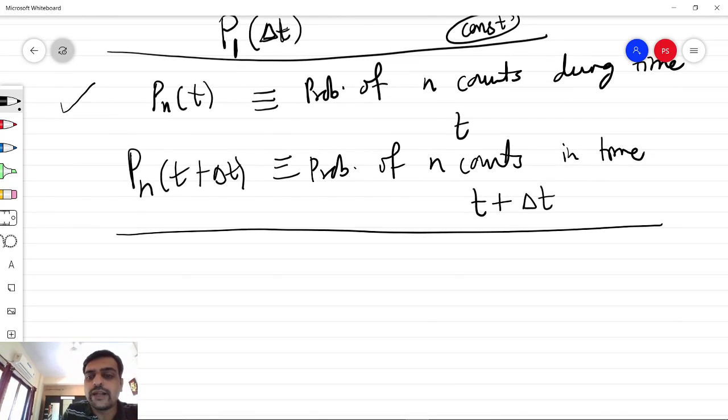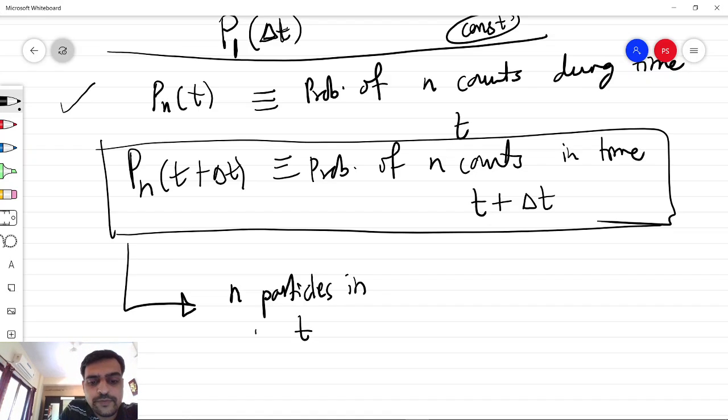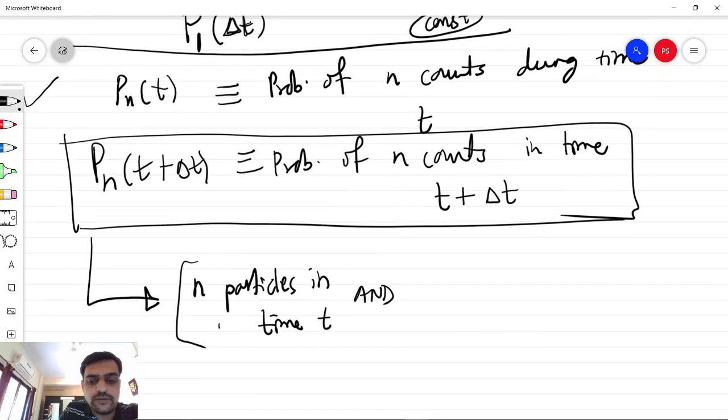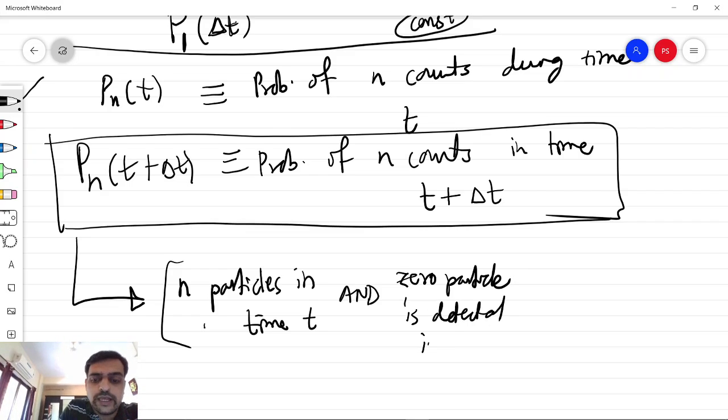Now this particular event of P of n, t plus delta t can take place in two possible ways. Either we get n particles detected in time t, and the remaining, since there is no particle remaining, 0 particles are detected in the next interval of time delta t.